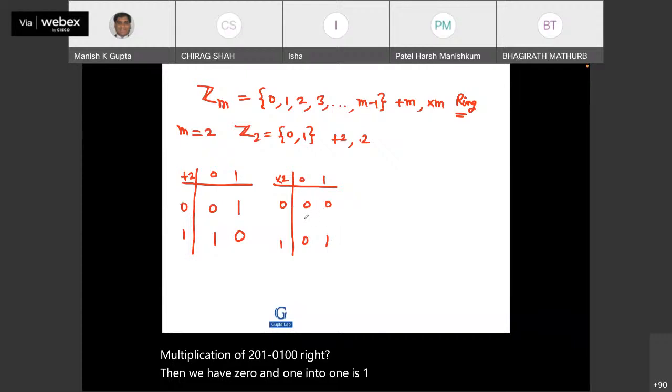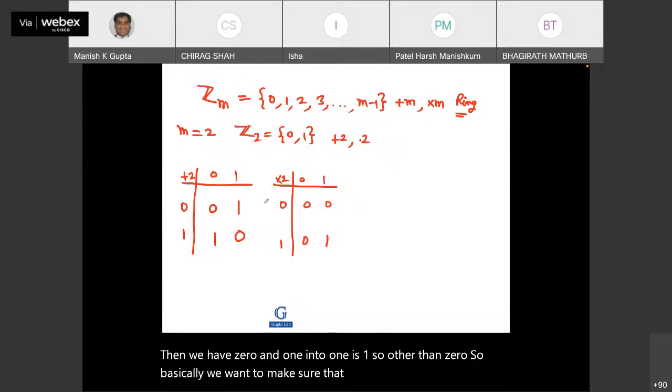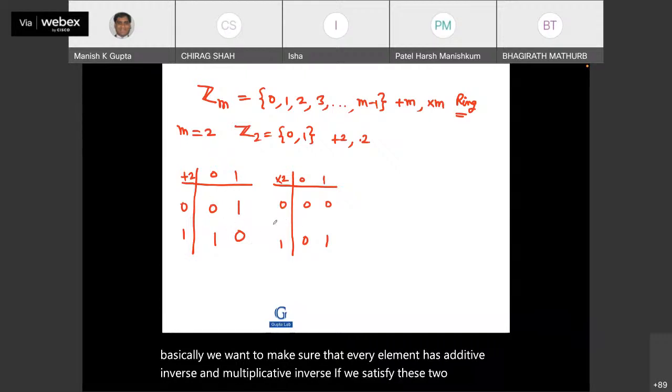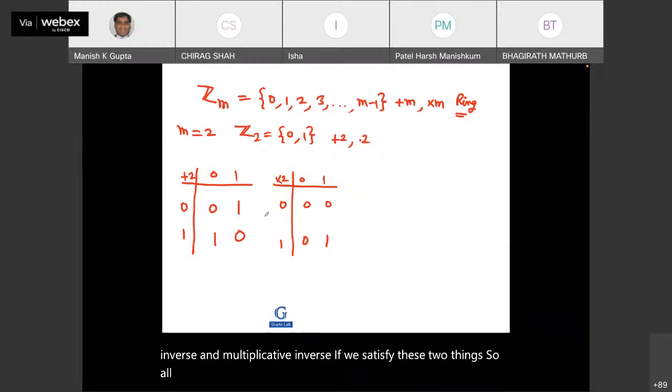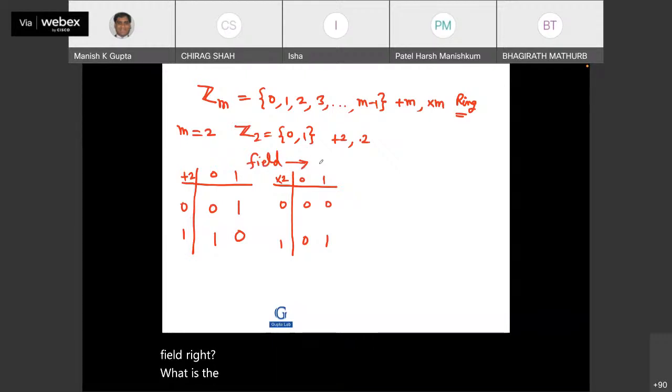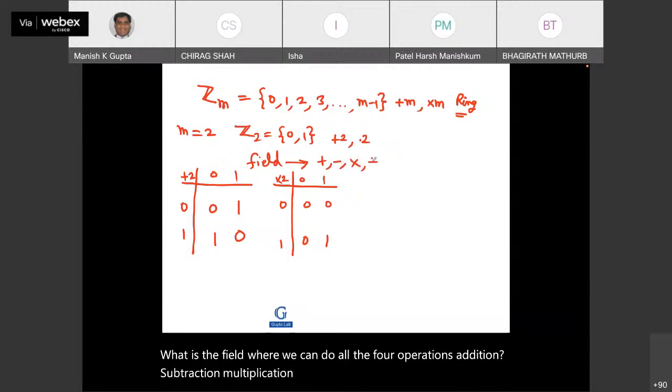Other than 0, we basically want to make sure that every element has an additive inverse and a multiplicative inverse. If we satisfy these two things, and all other properties are anyway true, then such a set is known as a field. What is a field? A set where we can do all four operations: addition, subtraction, multiplication, and division.